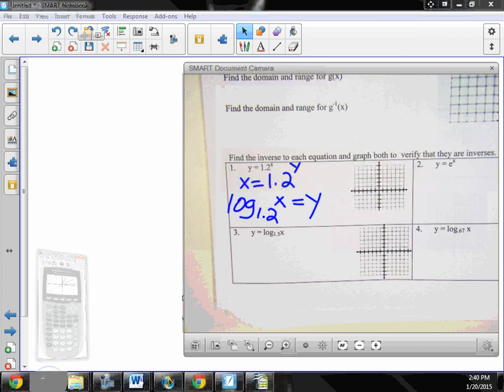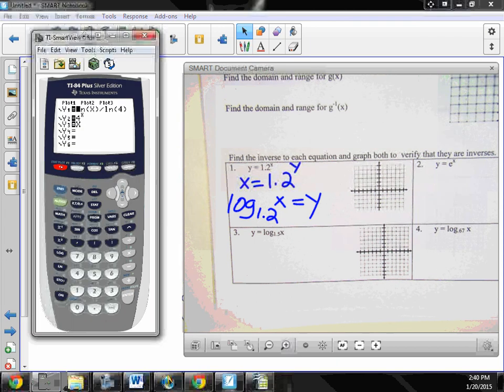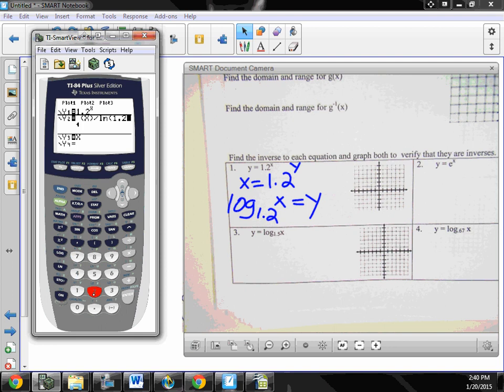I'm going to graph them both at the same time. So 1.2 raised to the x. And then I don't have log base 1.2, so I need to use the change of base formula: ln x divided by the ln of 1.2. And I'm going to leave y3 as x.